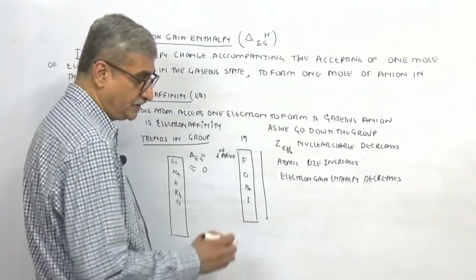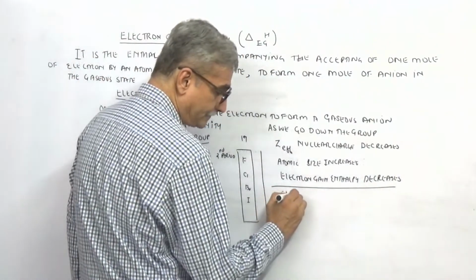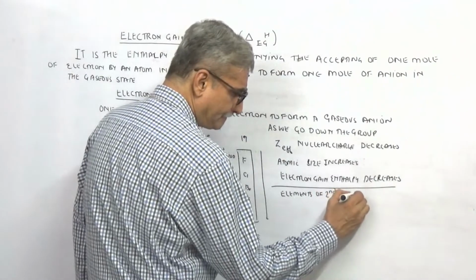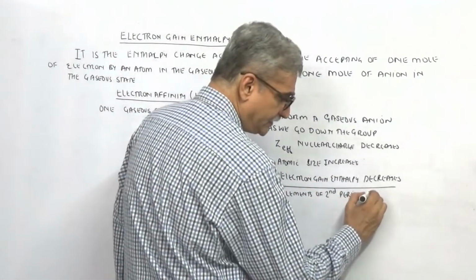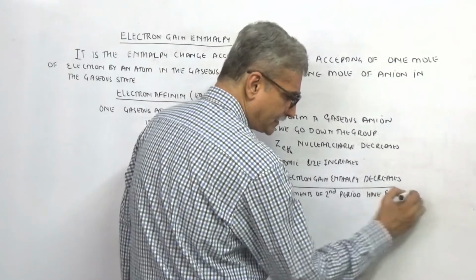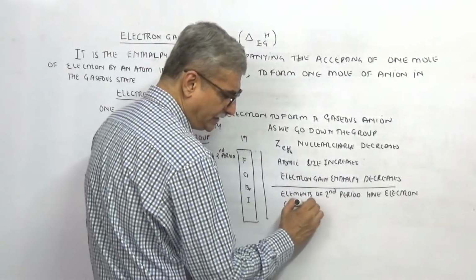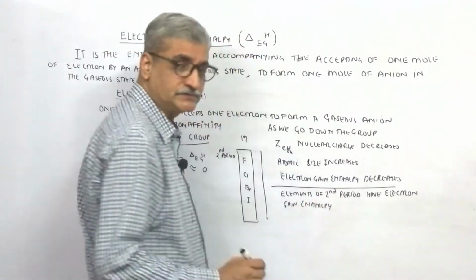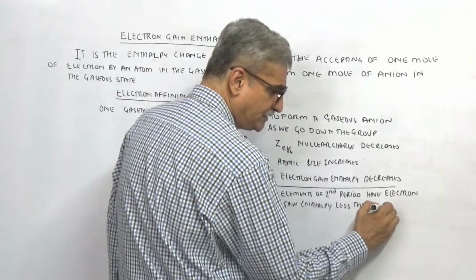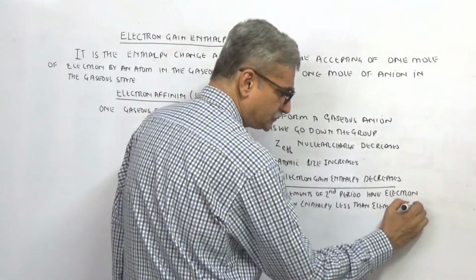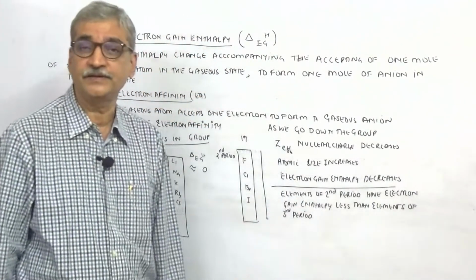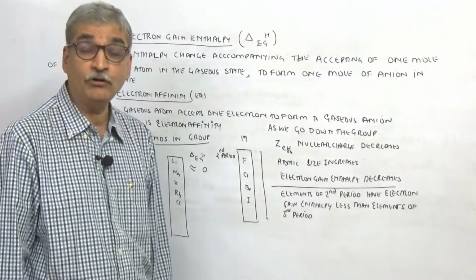It's an exception that elements of the second period have electron gain enthalpy less than elements of the third period. This is an anomalous behavior.